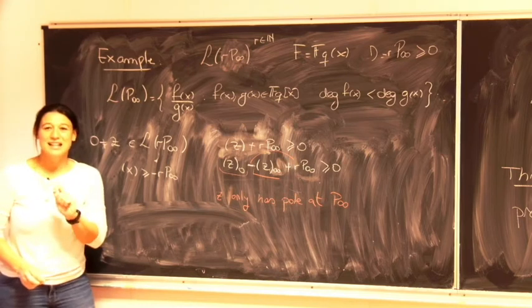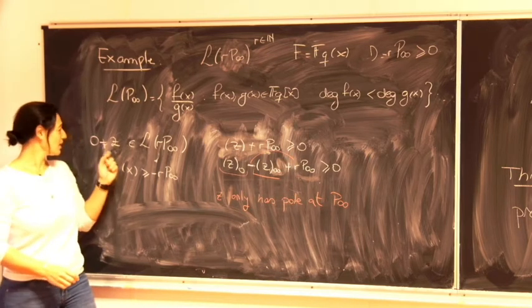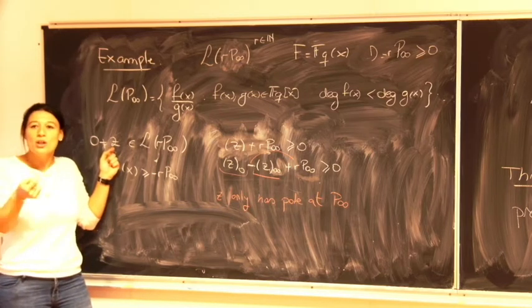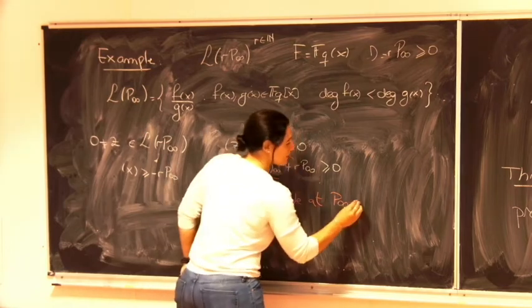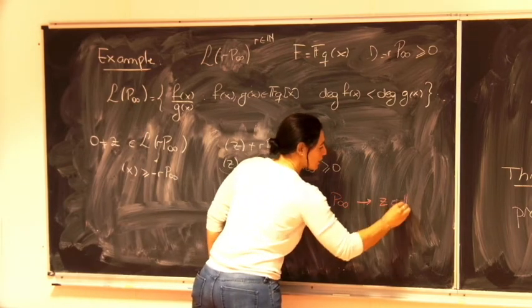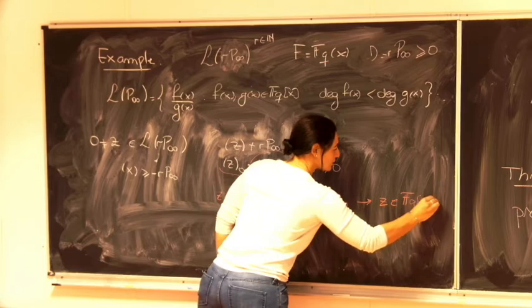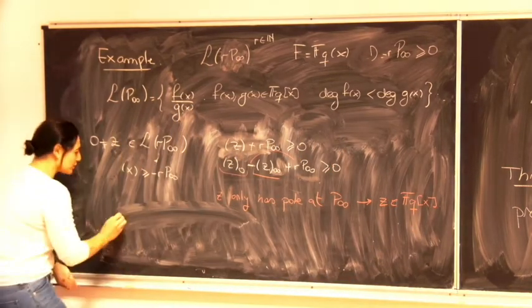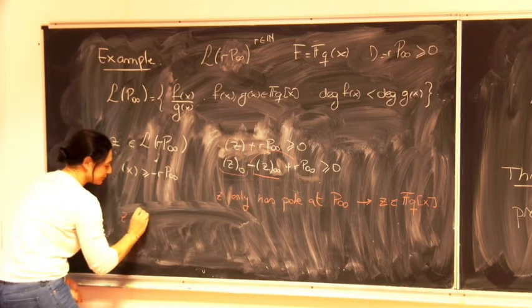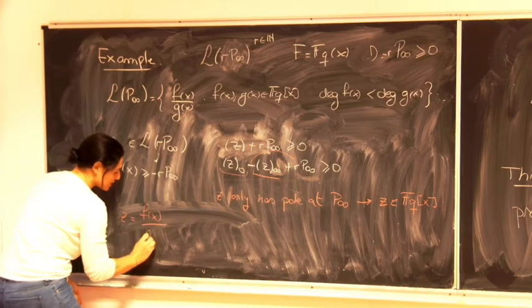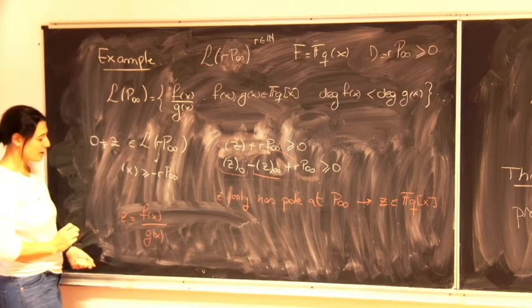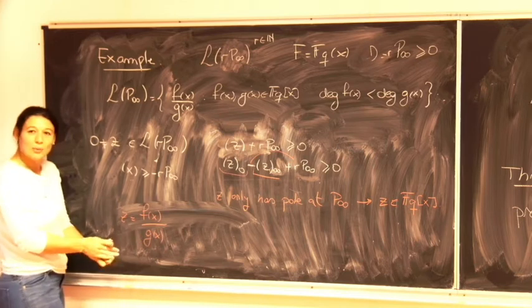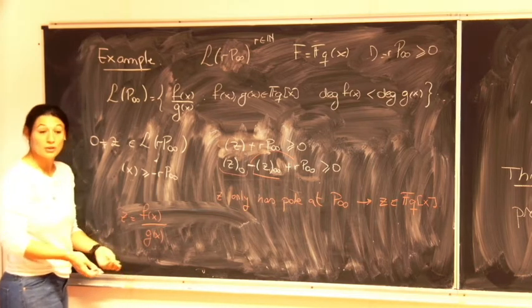And that is saying that actually Z is not a rational function, a quotient of two polynomials, but only a polynomial. This is the same as saying that Z belongs to the ring of polynomials. And why is that? Well, assume that Z is, for example, f of x over g of x, with polynomials where g is of degree bigger than or equal to 1.